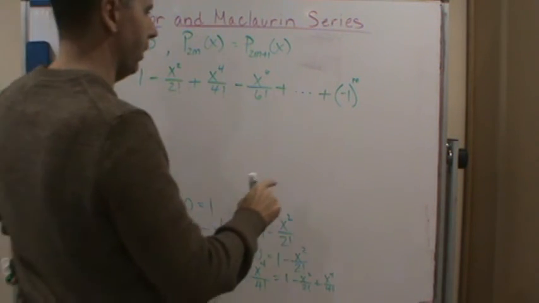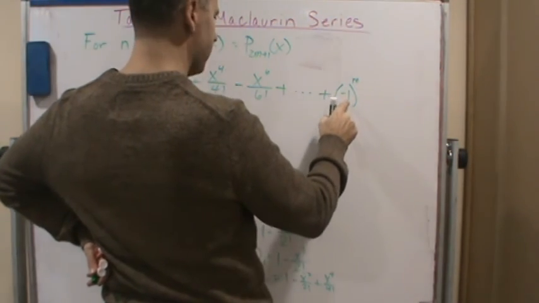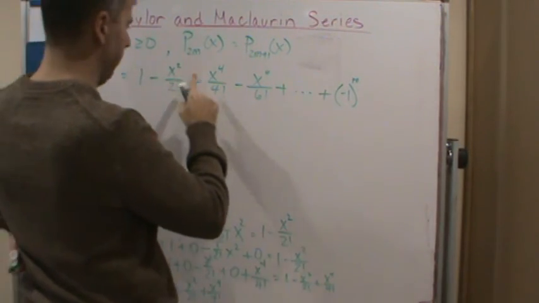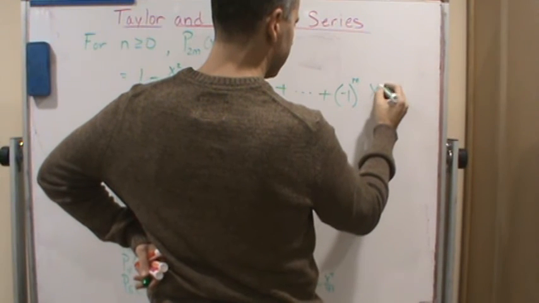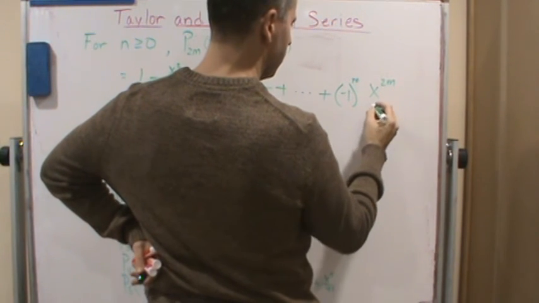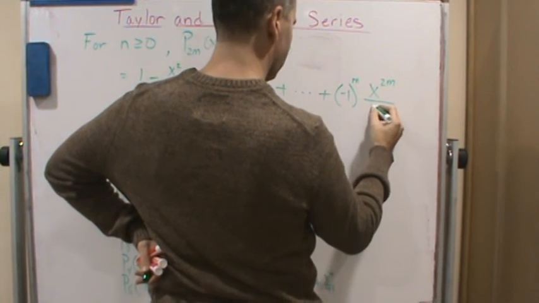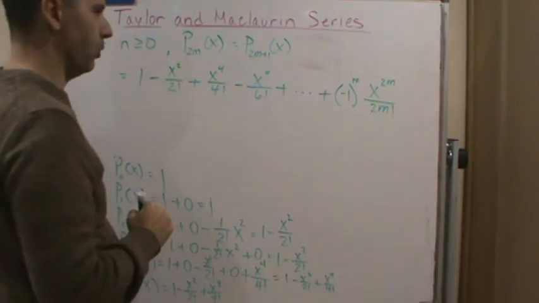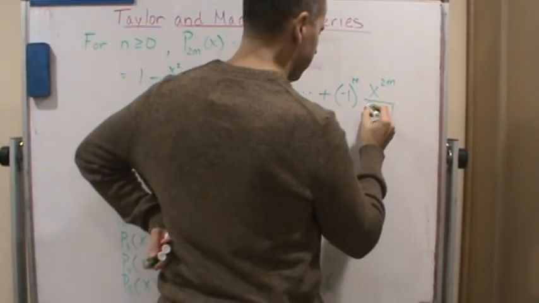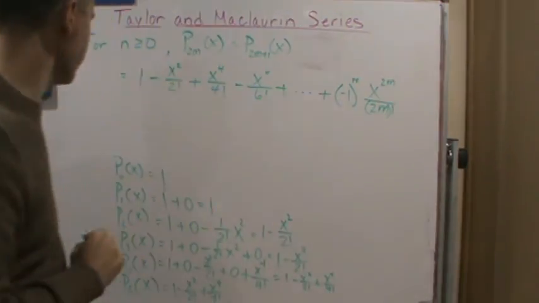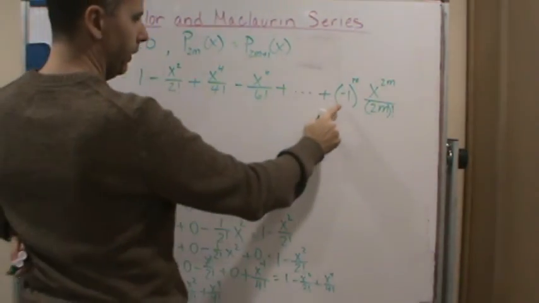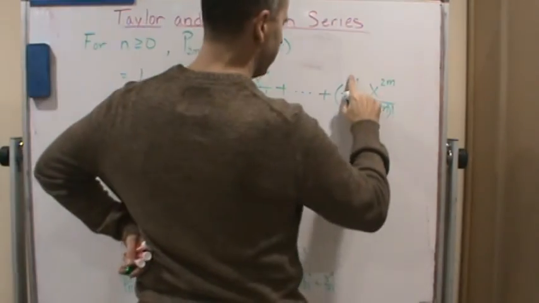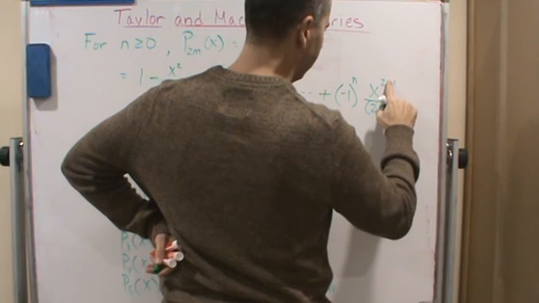Yeah, that'll work. So this would be positive. And then this is going up by 2m. So this will be x to the 2m over 2m factorial. Let me put this in parentheses. So will that do it? I believe that will do it. So when m is 0, or n, I'm sorry, this should be n.